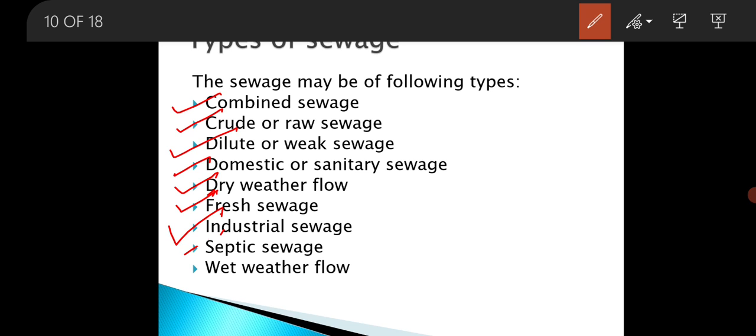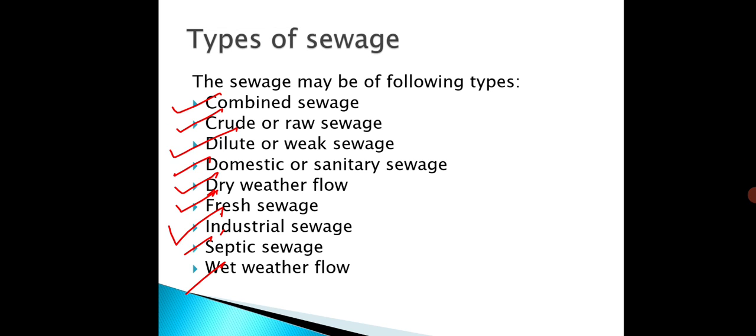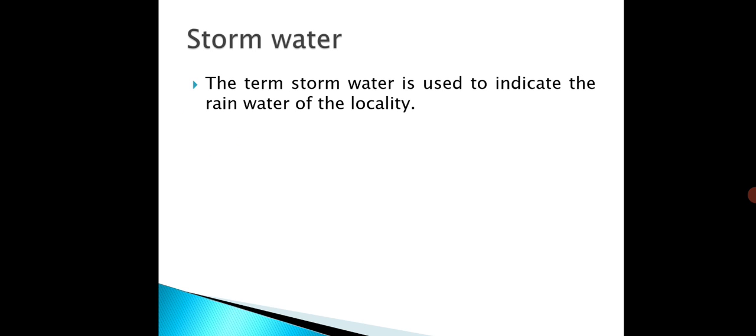Then septic sewage. Septic sewage indicates the sewage which is undergoing the treatment process. Next, wet weather flow. This indicates the normal flow of sewage during the rainy season of the year. So these are different types of sewage.